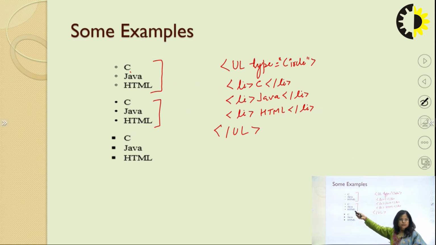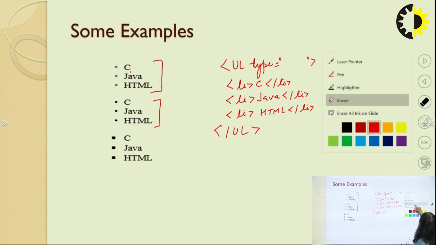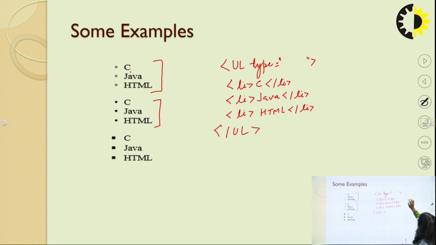These are the disk bullets, and you can make a simple change here, like you want the elements to be displayed using the disk. So, you just write here type is equal to disk. Okay. By using this code, your elements will be displayed in this order.